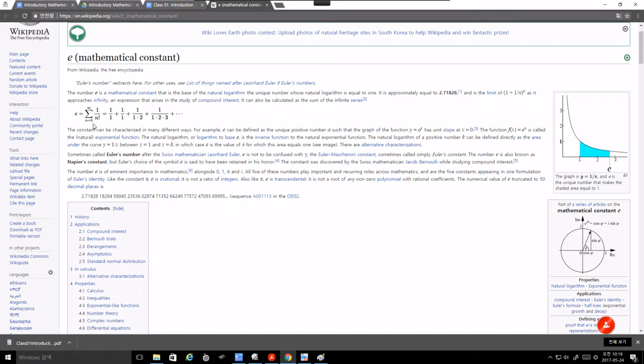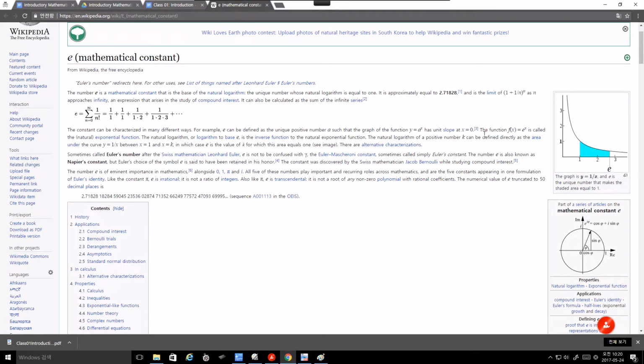Now this constant, the E, can be characterized in many different ways. For example, E can be defined as a unique positive number a such that the graph of a function a to the x has a unit slope at x equals 0.